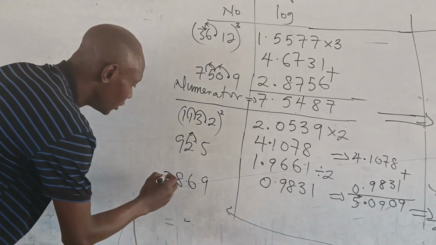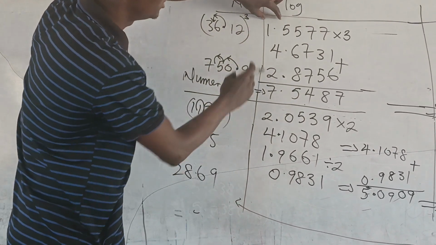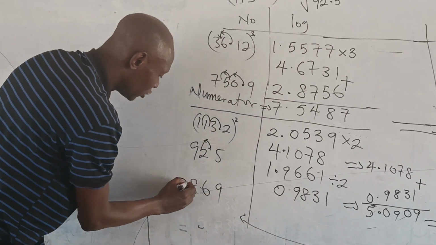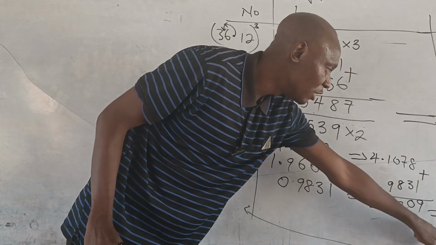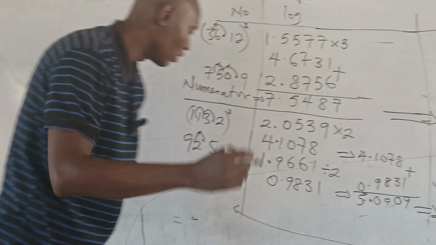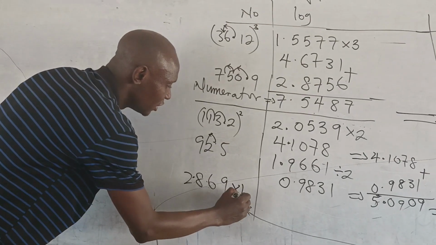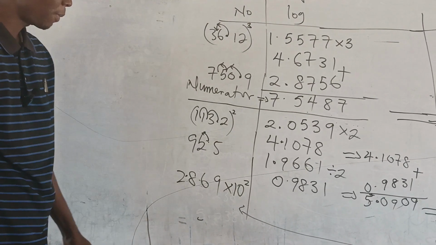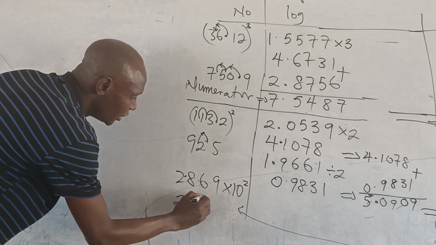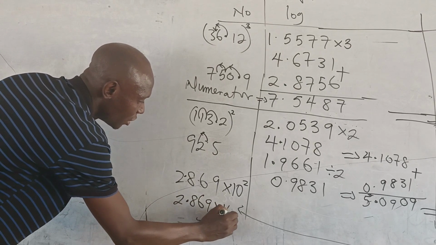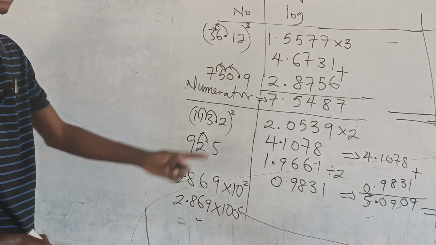Due to the fact that we have arranged our point in between the first 2 digits, we are going to put our point here. When we are checking the antilog, we will not make use of the integer. So we are going to bring back the integer now, times 10 raised to power 2. So here, the point is here. So now I have 2.869 times 100, because 10 raised to power 2 is 100.